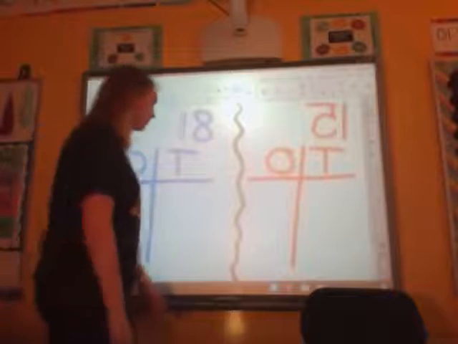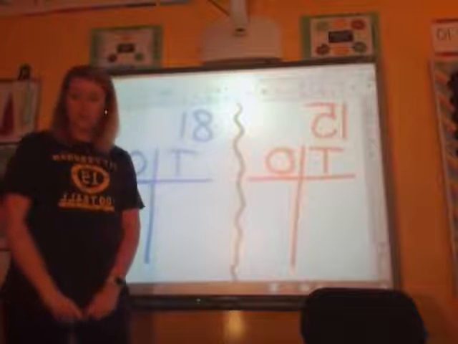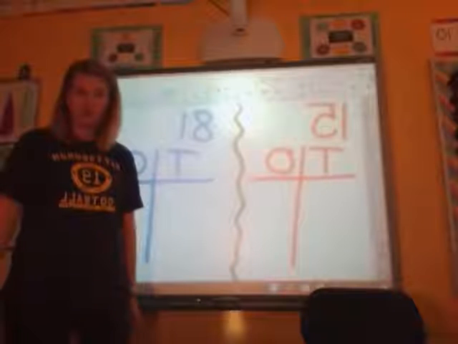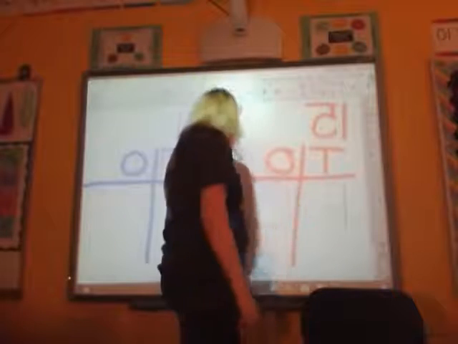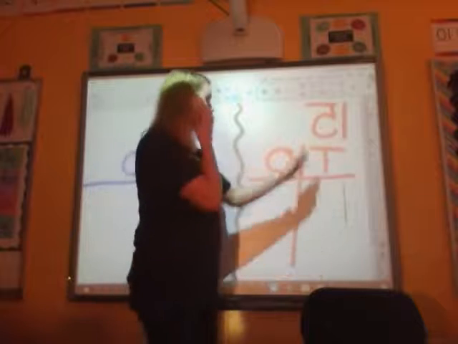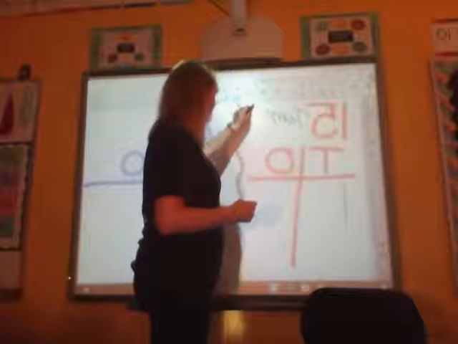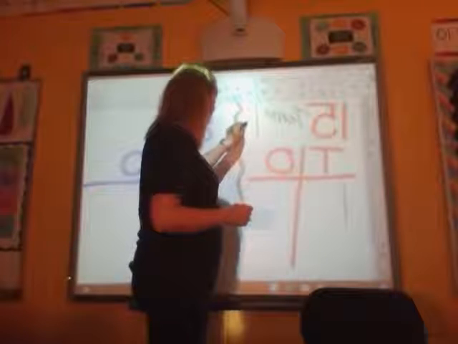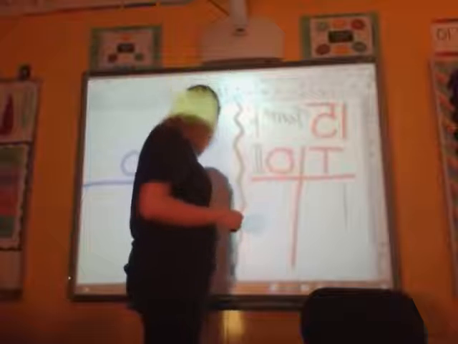Zoe. You are going to draw 1 10 and 5 ones. I'm going to draw 1 10, right? And remember, a 10 is a stick up and down. So a 10 can look like this, or it could also look like a big rectangle, right?